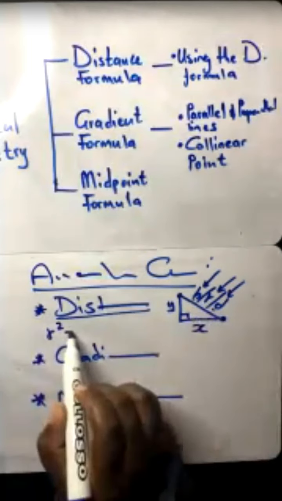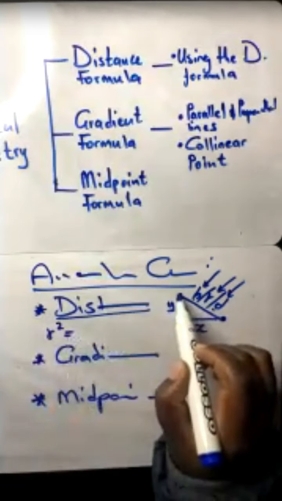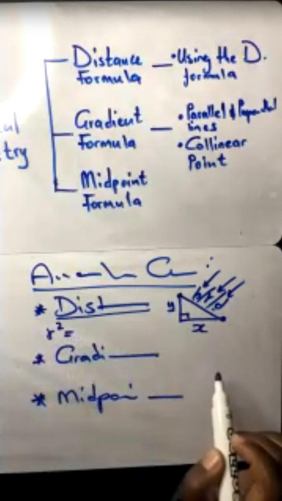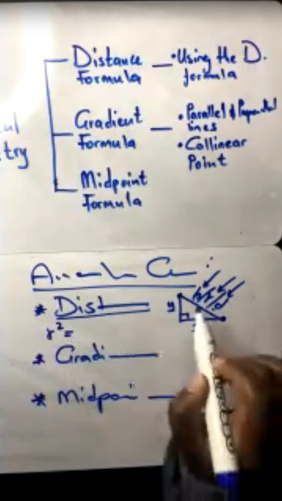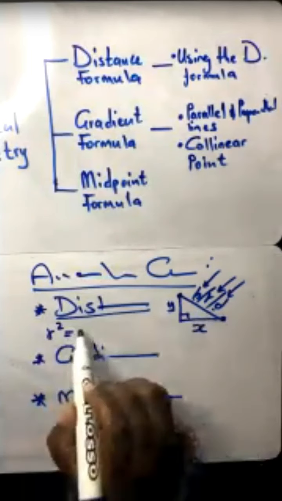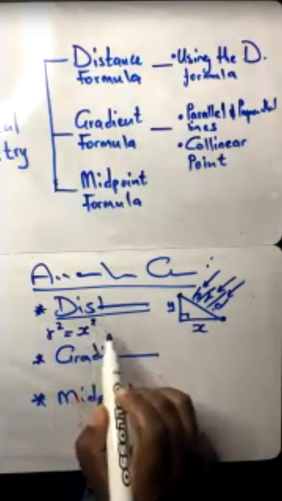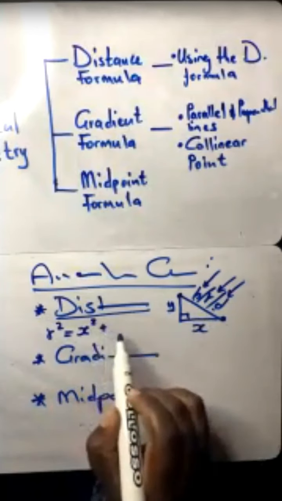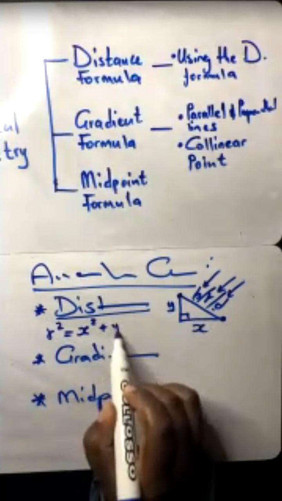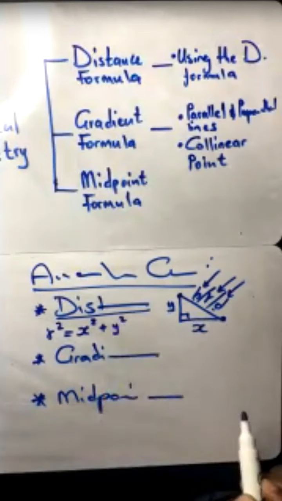So that means from that point up to that point, squared, equals x squared plus y squared.